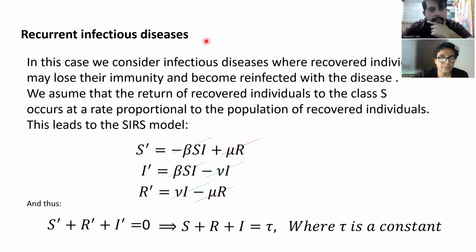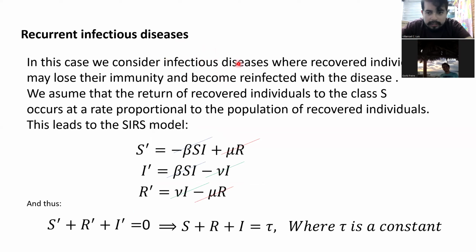To continue, we are going to consider a particular case of infectious diseases. In contrast to the last case, we are going to take into account a possible additional factor in S prime, for the susceptible individuals.